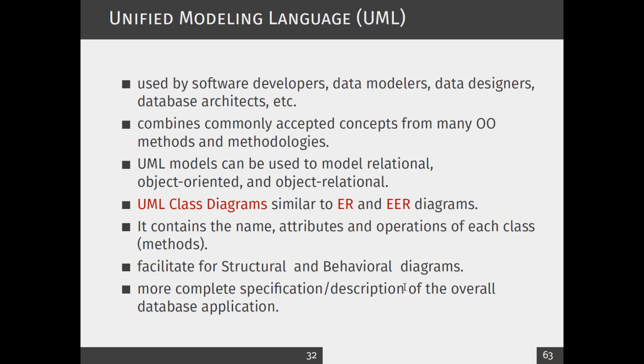And what we are going to learn here is UML class diagrams, which is very similar to ER or an enhanced version of an ER diagram. And not only that, UML supports other types of what we call behavioral diagrams: sequence diagrams, state diagrams, activity diagrams. So likewise, you can have various types of diagrams to support the modeling.